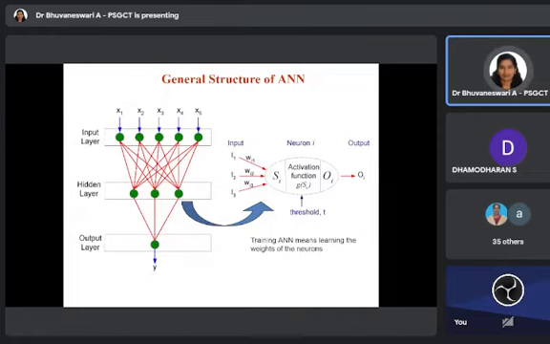Okay, so here the output generation is the prediction, and optimizing the data in order to have more precise output is what is applied. So training the ANN means learning the weights of the neurons. So assigning weights to the neurons, adjusting the weights at different levels is what makes the learning process.